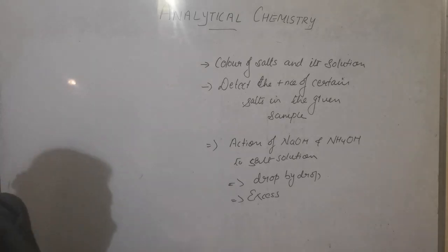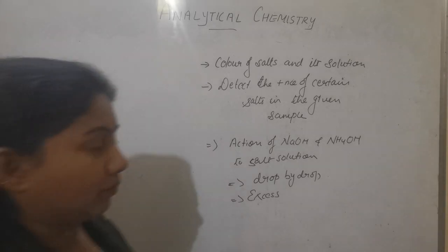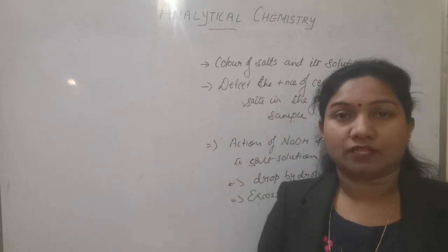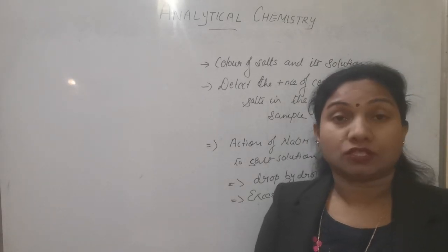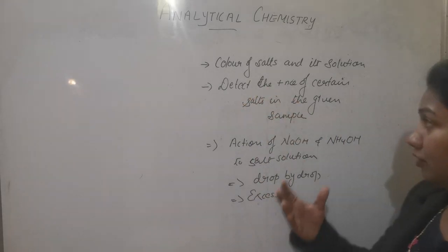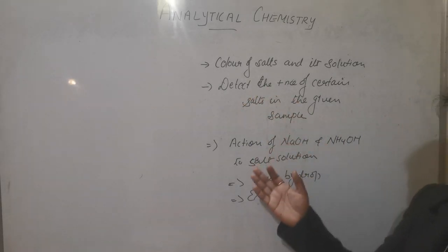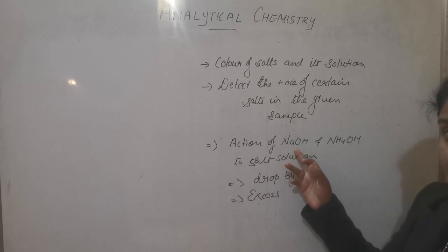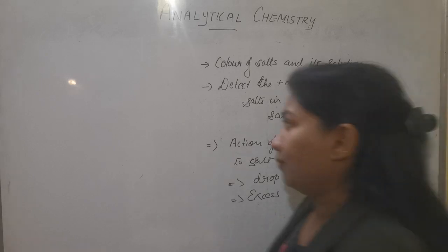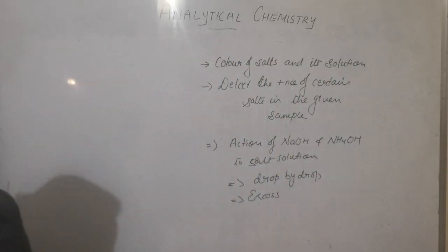See, mainly we have to deal with these points, means we'll be given a certain sample and we have to detect the presence of certain salt in the given sample, on the basis of its color or by using these two reagents. What reagents? Sodium hydroxide and ammonium hydroxide. So let's come to the main chapter.